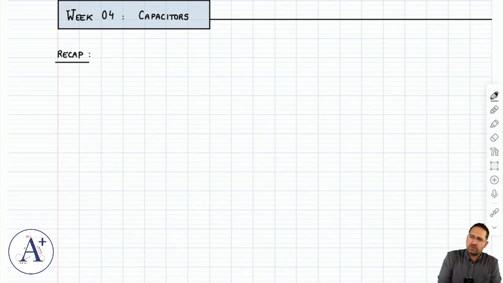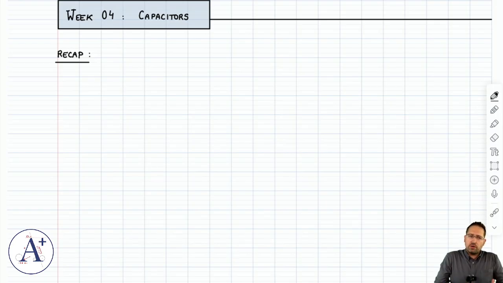I need it because if I want to be able to describe why charge moves from one point to another in an electric field, I could do it with the electric force in the electric field. We've seen that before. But a lot of the time, it's going to be easier for me to do it with a difference in electric potential. In other words, typically I'll resort to conservation of energy.